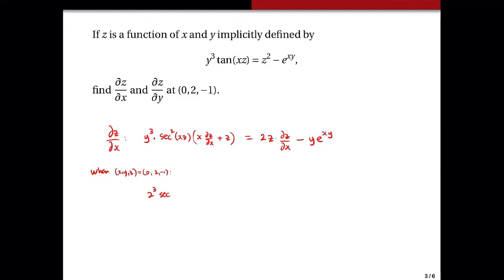So I'll just write secant 0. And then quantity, we have here 0 times partial z with respect to x. And then we have plus z, so plus -1. On the other side, we will have 2 times -1 times partial z with respect to x. Okay? And then minus, we have here 2, and then times e to the 0.